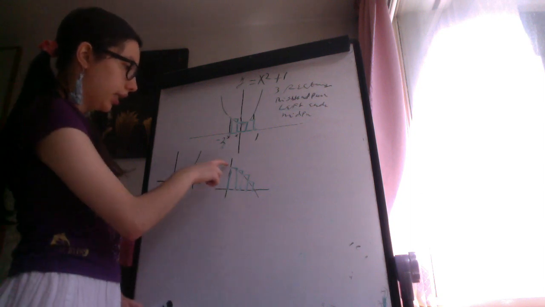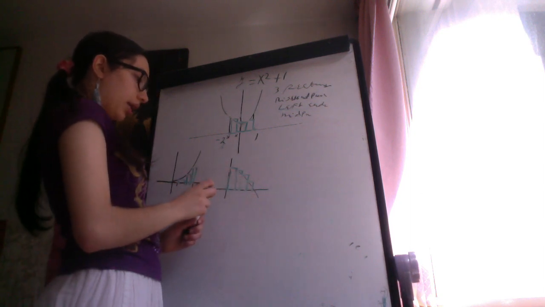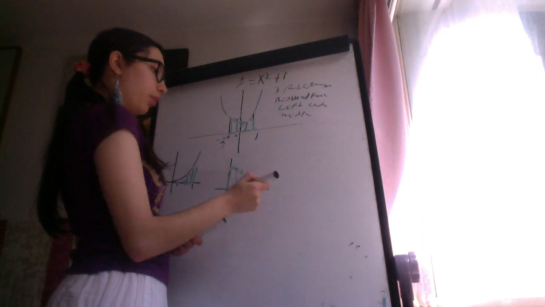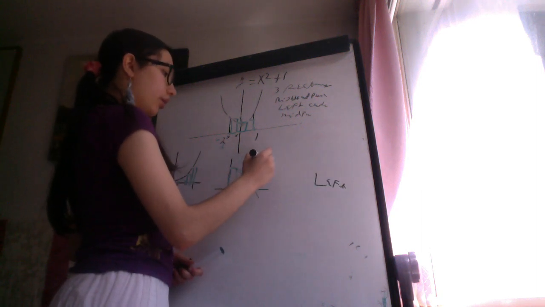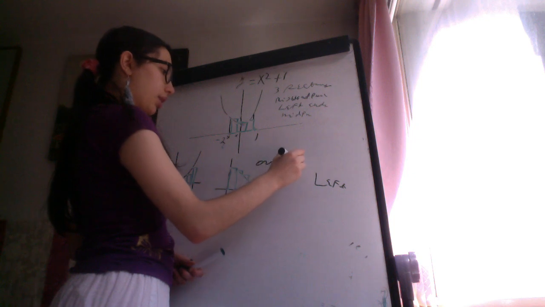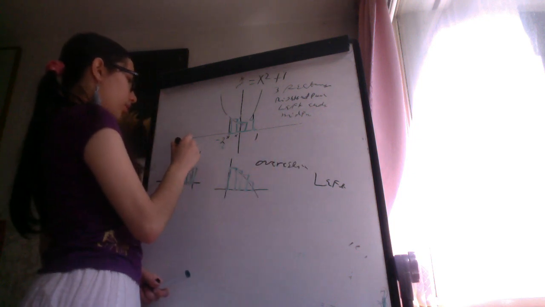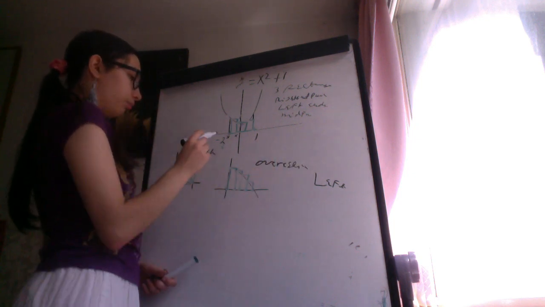So in a decreasing function, the area under the curve from the left end point is overestimated, and here is underestimated.